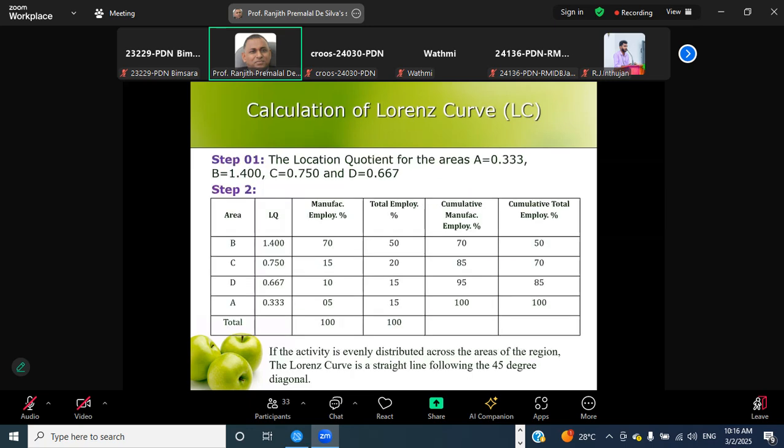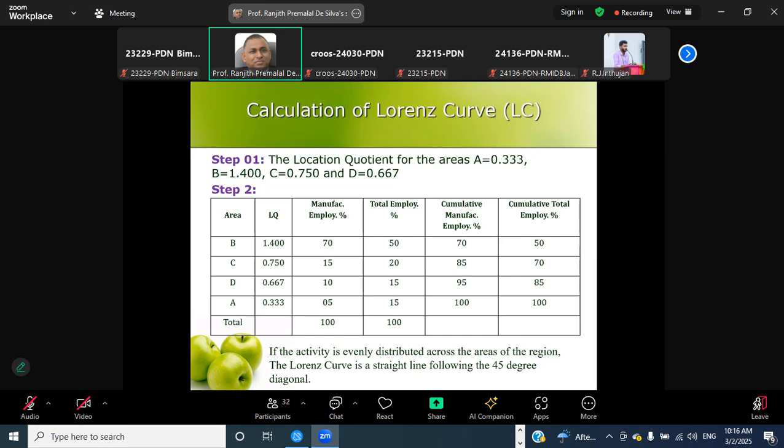If you look at this example, calculation of the Lorenz curve, we take the same example, areas A, B, C, D, where manufacturing sector employment percentage is 70, 15, 10, and 5. So what we do is we order the areas from highest to lowest. So 70% is highest, 15, 10, and 5. So it makes 100.